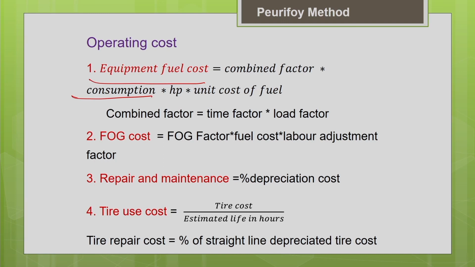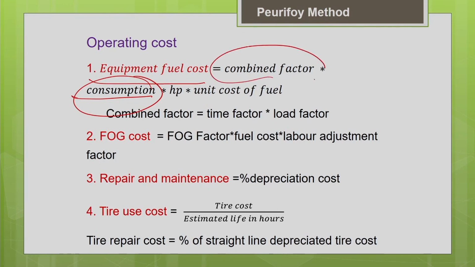Say for example, if you have used some value from a literature where the values are given for some standard conditions, where the machine is working at maximum output rate, then you have to adjust that particular consumption factor according to your project condition. That combined factor is nothing but your operating factor, which reflects your project conditions.